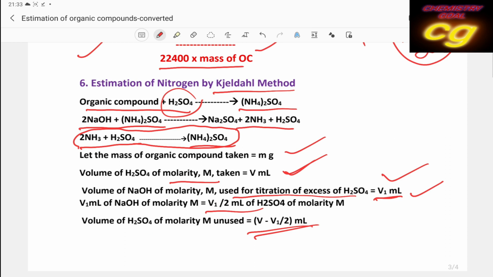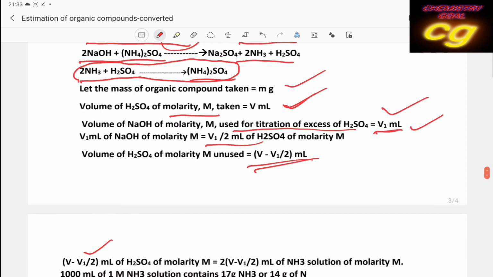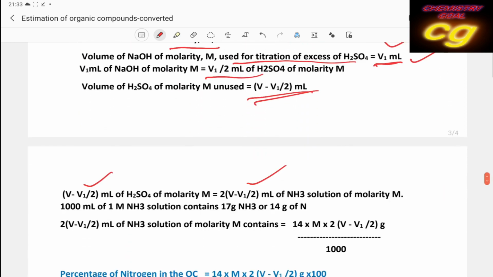So the volume of sulfuric acid is equivalent to 2 times the volume of ammonia. The volume of sulfuric acid unused is V minus V1 by 2, and this unused sulfuric acid equals 2 into V minus V1 by 2 of ammonia solution of molarity M.